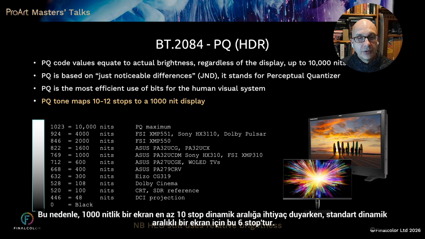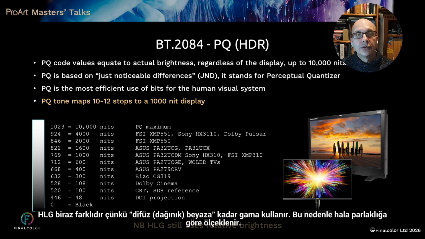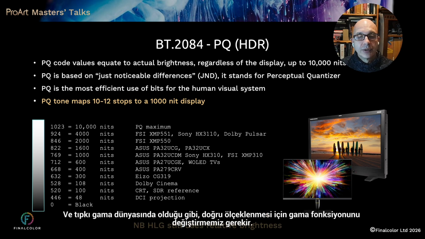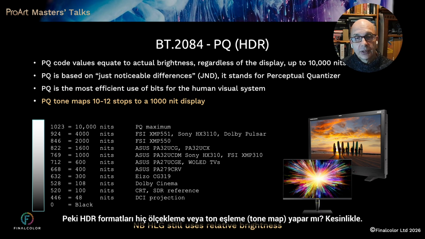And so a 1000 nit display would need at least 10 stops of dynamic range compared to 6 stops for a standard dynamic range display. HLG is slightly different because it uses gamma up to diffuse white, and therefore it still scales according to brightness. And just like the gamma world, in order for it to scale accurately, we have to change the gamma function.